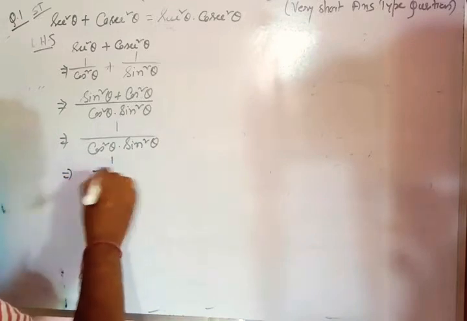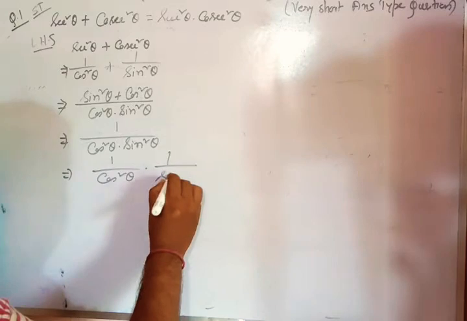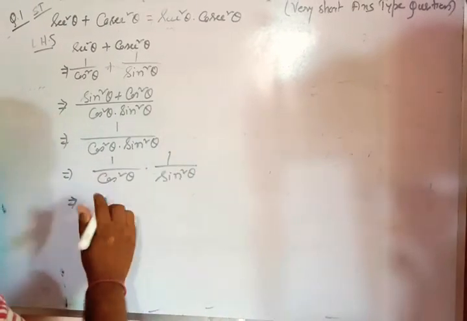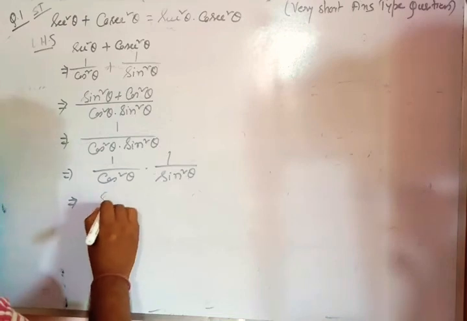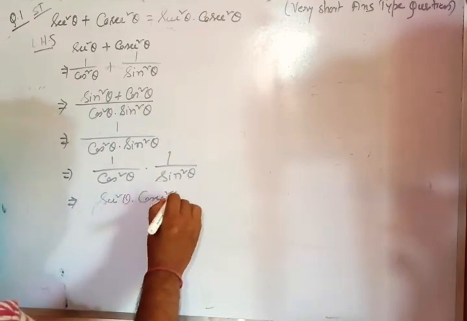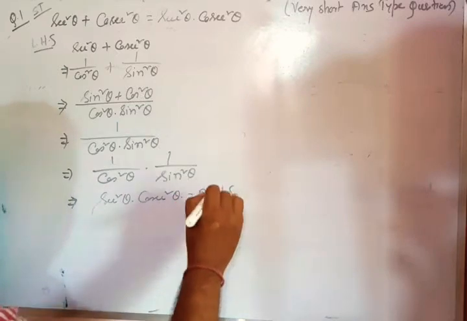That means 1 by cos square theta into 1 by sin square theta. Now 1 by cos square theta means sec square theta, and 1 by sin square theta means cosec square theta. That's equal to RHS. Proved.